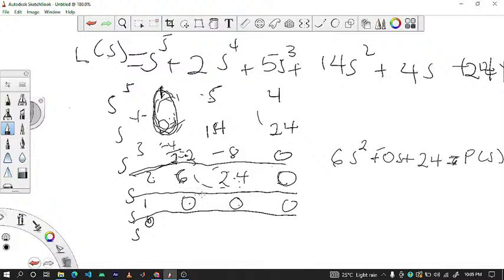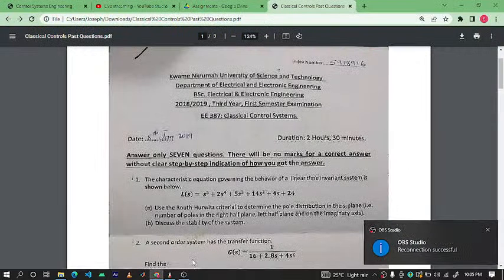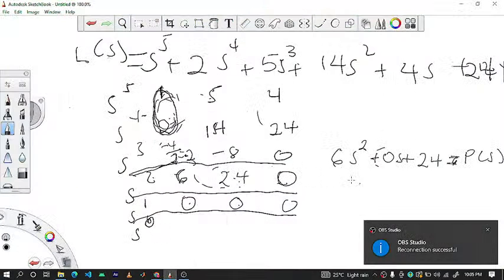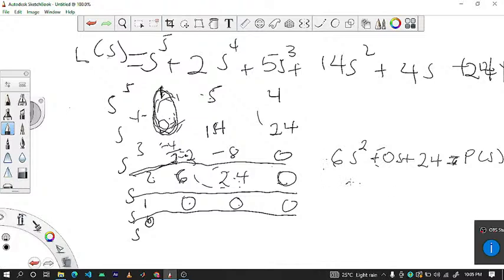So from your row of zeros, let's continue. Here you get 6s squared plus 24. This is your characteristic equation. Now from here, you already have your s squared. That means what you actually need is your s to the power 1.